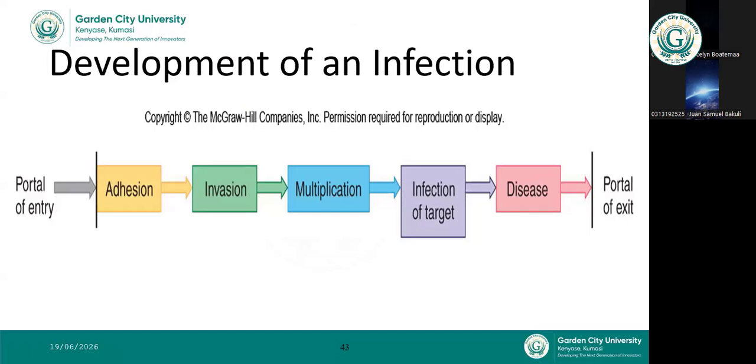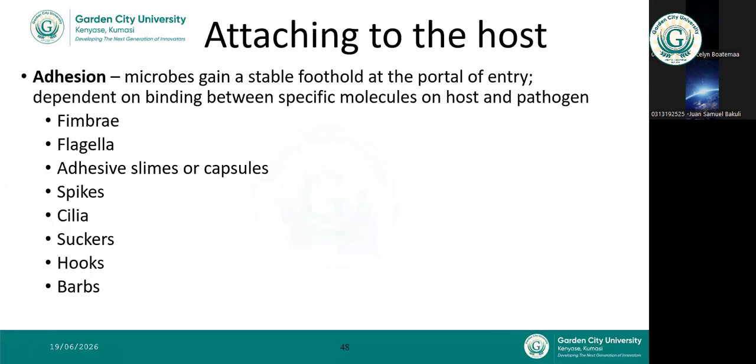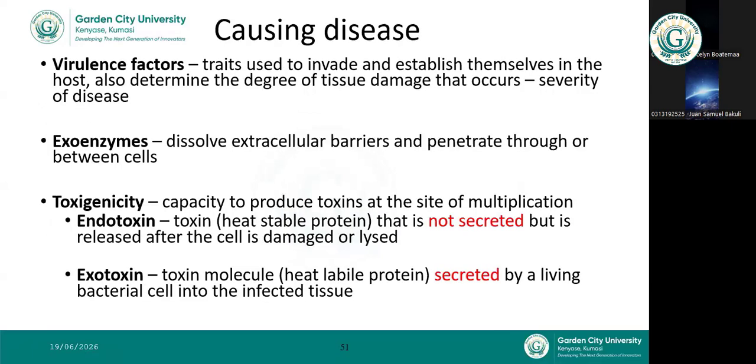Some of these toxins will help them dissolve certain barriers so that they can easily penetrate to those sites. Because if the numbers are low, they may not achieve the capacity to dissolve those sites. So it's when they multiply and become many that the toxins, the chemicals they have, reach the threshold to dissolve those sites, and then they can move to the target sites and achieve infection.